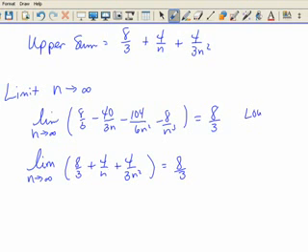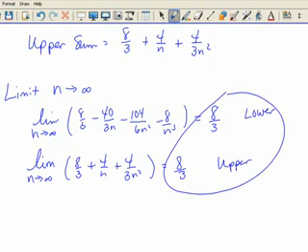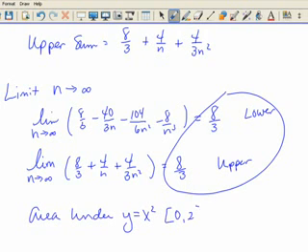So this was the limit of the lower sum. This was the limit of the upper sum. You can see that they are the same number. So the actual area under the curve y equals x squared, on the interval from 0 to 2, is 8 over 3.